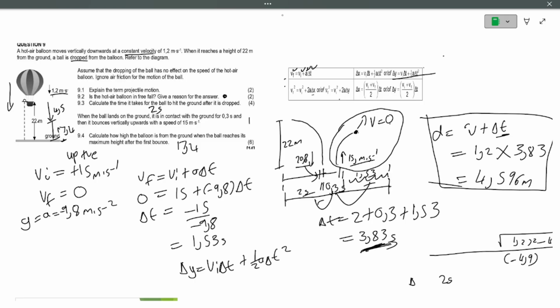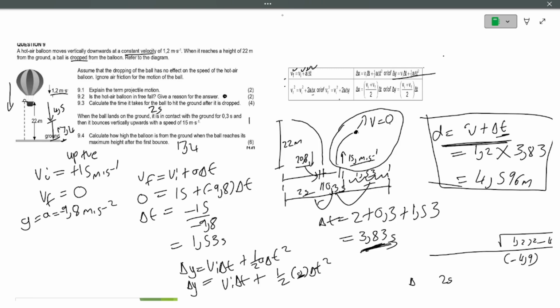So this formula is the same as this one, and I will show you how. In this formula, change in y, which represents the distance, equals v times change in time, plus half times 0 times change in time squared, because there is no acceleration here. This thing is moving at constant velocity.